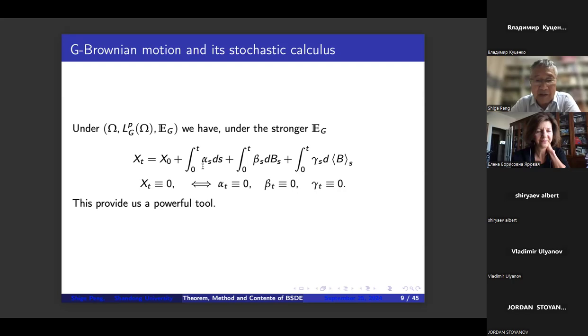So we can, in some sense, arbitrarily take all such random processes, of course adapted processes. But we can see here gamma_s is the second order derivative of the random path.